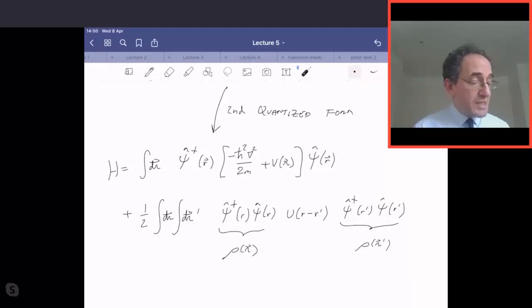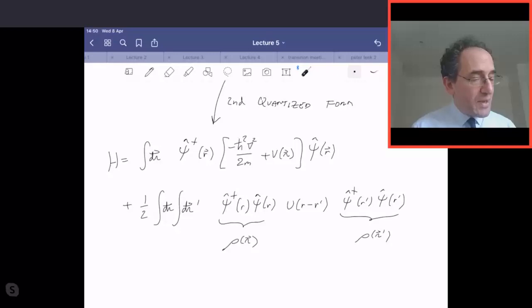So this interaction term looks fairly natural. It's integrating over the boson density at R prime, the interaction U between R and R prime, and the boson density at position R. And then there's a factor of 1/2 out front, because you don't want to overcount the interaction between R and R prime, and then R prime and R. That would be double counting.